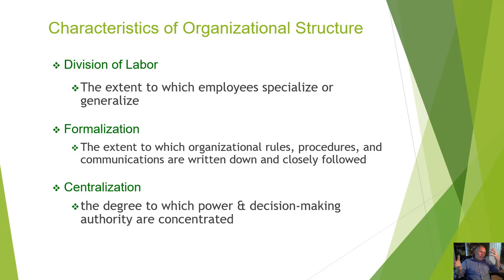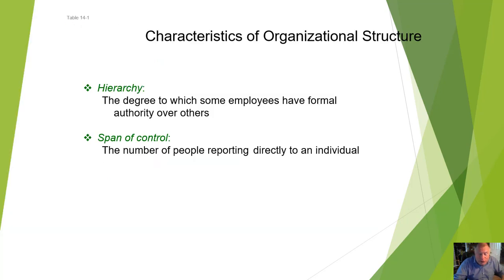And that is, what's the degree of power and decision-making authority that are concentrated? So where is the decision made? Is it made closest to the customer, or is it made by a very few people at the top? So these are the characteristics. How are we going to divide the labor up? Formalization, centralization. There are so many different ways of doing that.